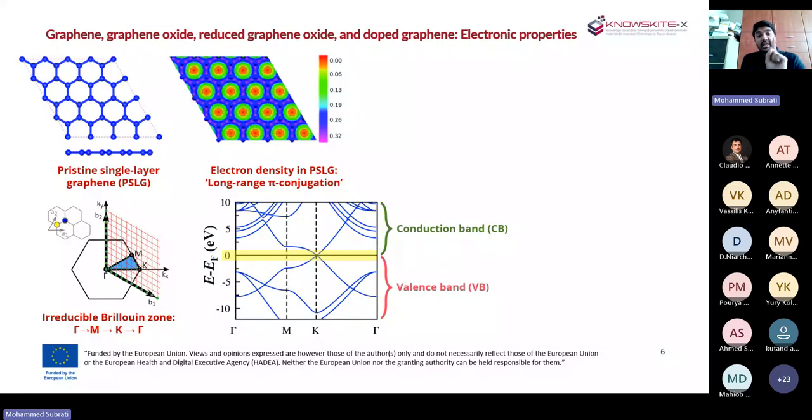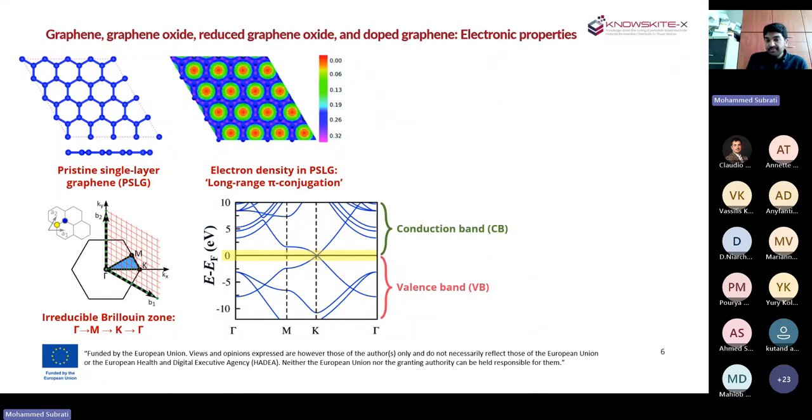What's unique about these graphitic materials is the shape at the K point. Keep an eye on the K point. You can see it's like two inverted triangles, which in three dimensions look like cones. They are called Dirac cones, which are literally touching at the K point.